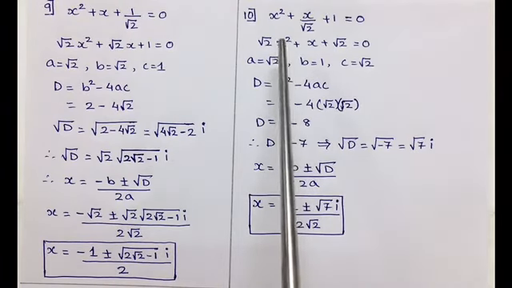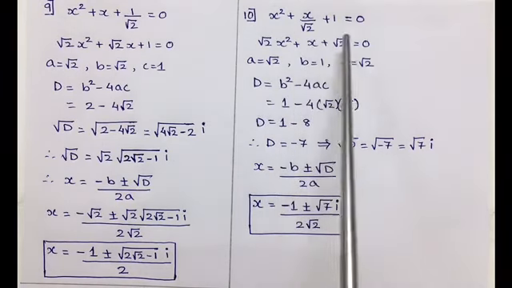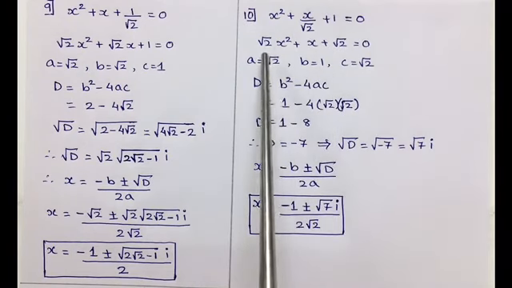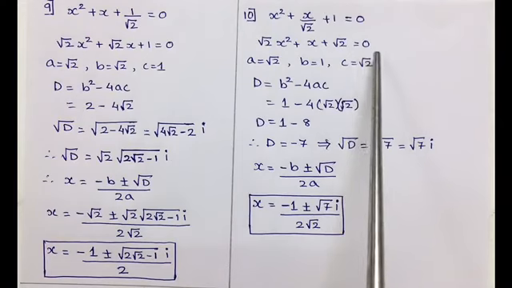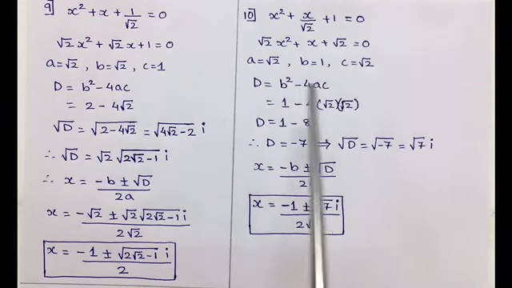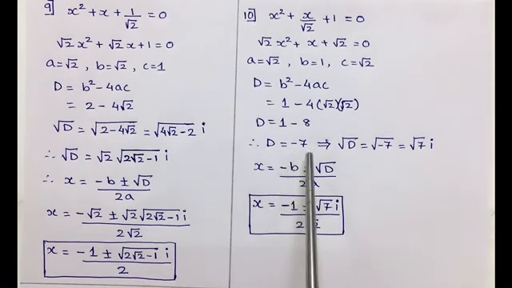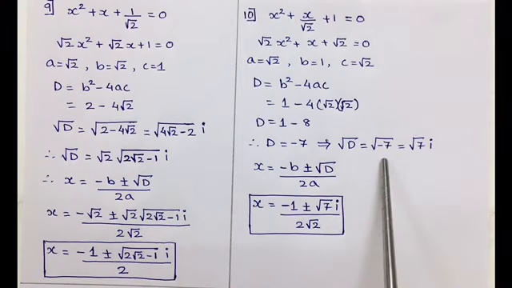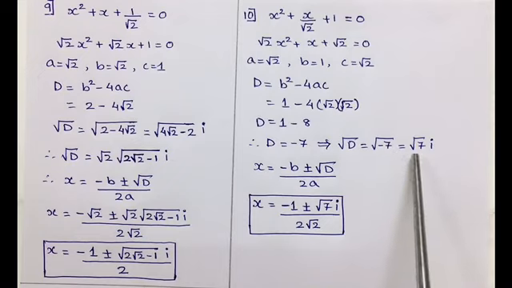10th one given is x square plus x upon root 2 plus 1 equal to 0. Taking the LCM, we get root 2x square plus x plus root 2 equal to 0. Now collecting all the coefficients as a, b and c, the value of d becomes minus 7 and root of d is equal to root of minus 7, and expressing it in terms of i becomes root 7i.